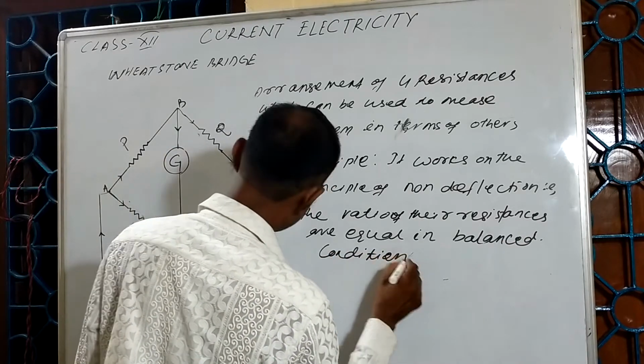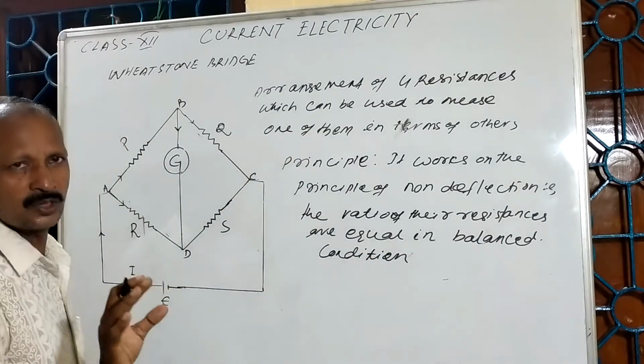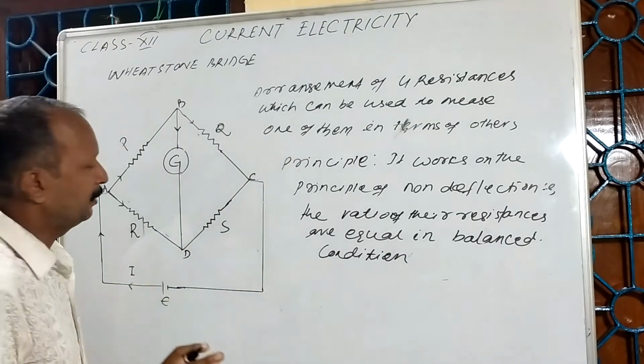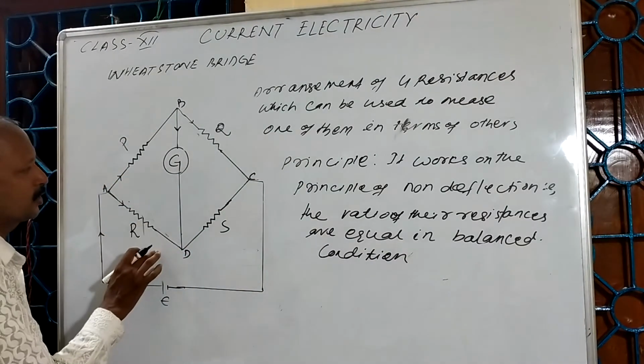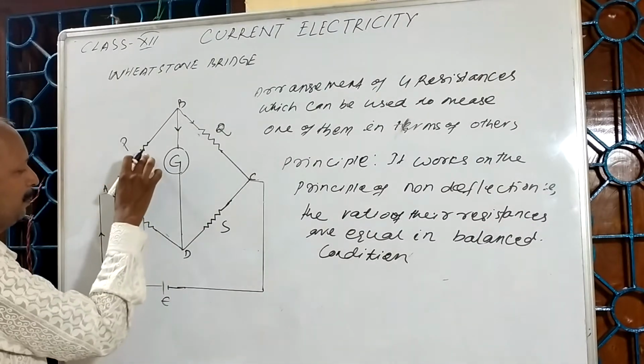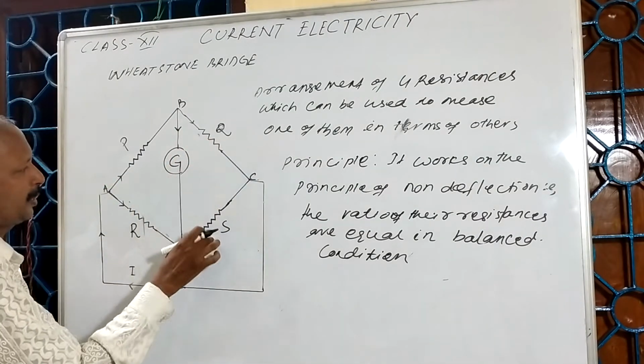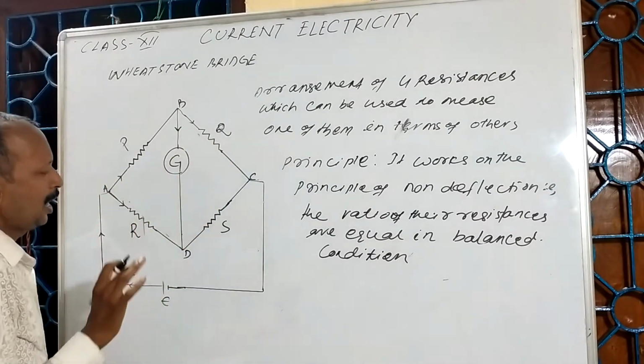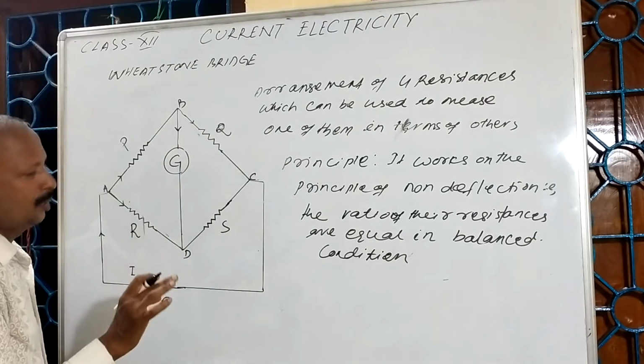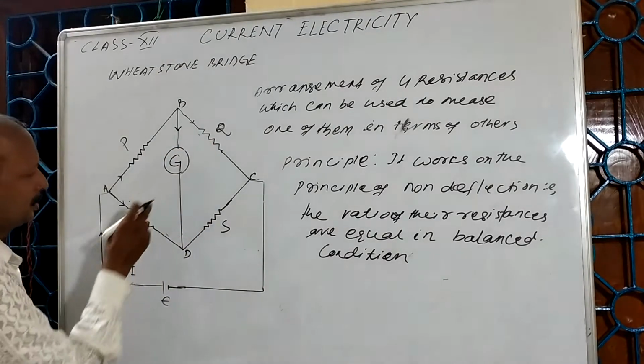In balanced condition, when there is no deflection of current, at that time the ratios of the resistances will be equal. It can be P divided by R equal to Q by S, or P by Q equal to R by S, or you can say PS is equal to QR.